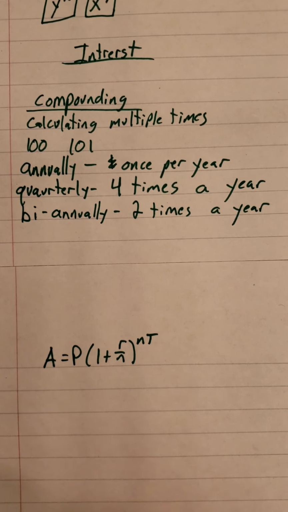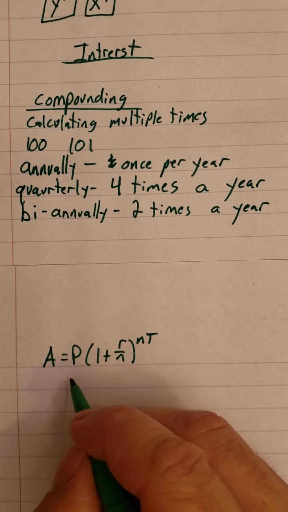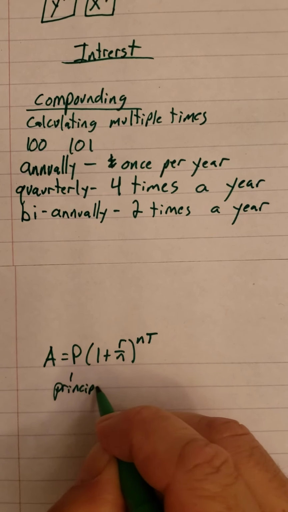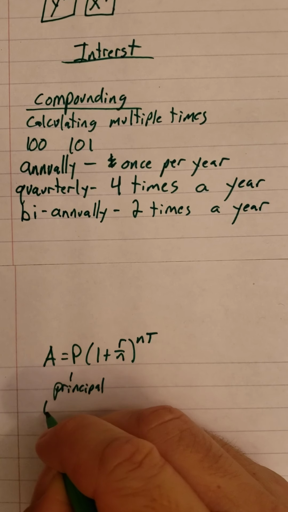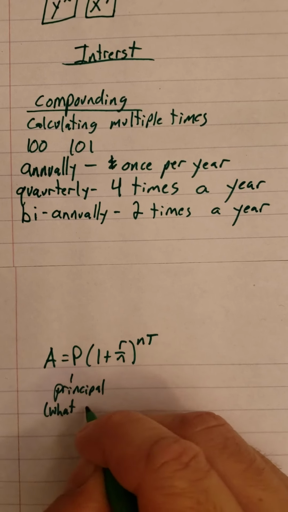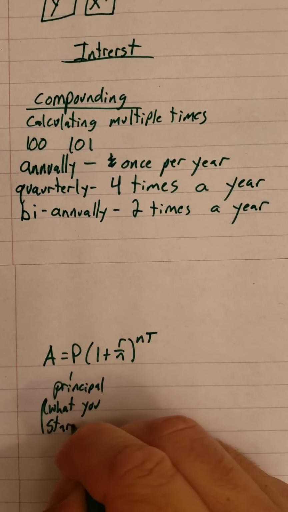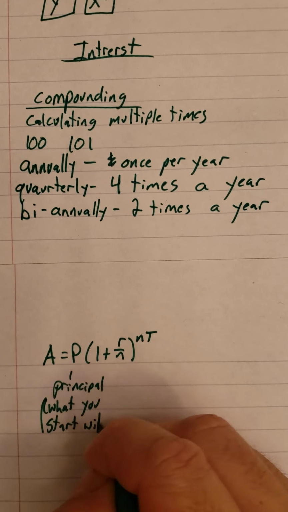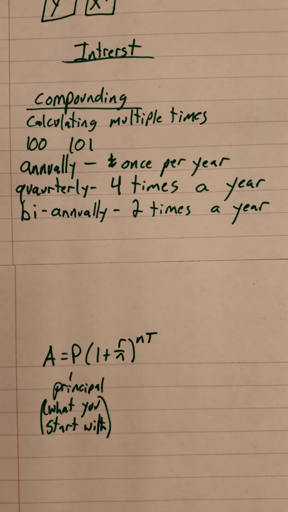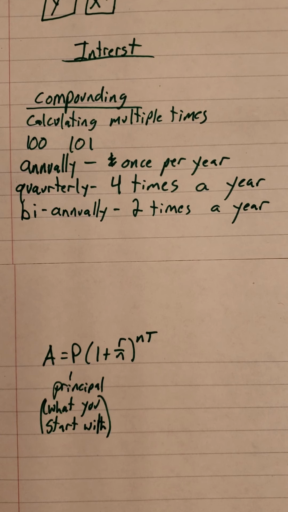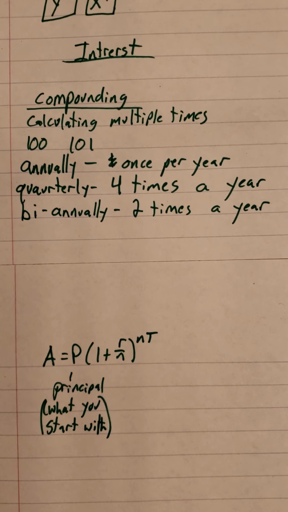Now, the way this one works is your P is going to be your principal. And this is essentially what you're starting off with. So if you're putting $500 into a bank account, this would be your initial principal that you're going to be earning interest off of.